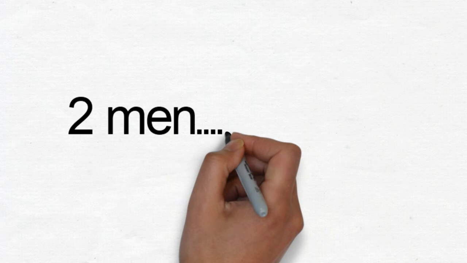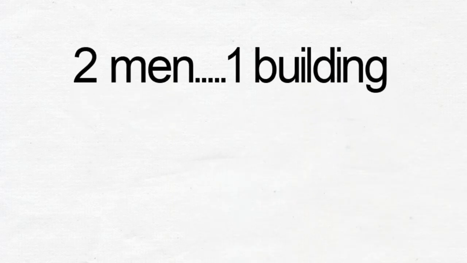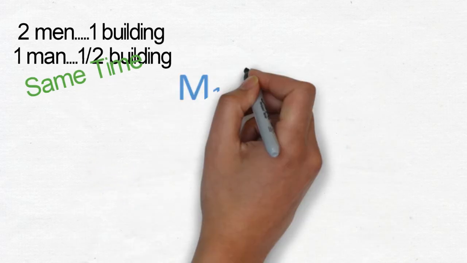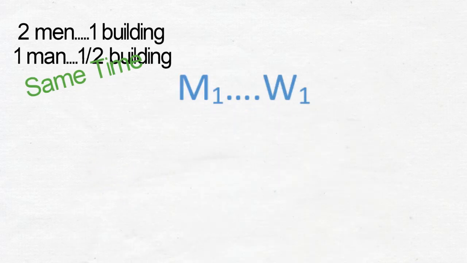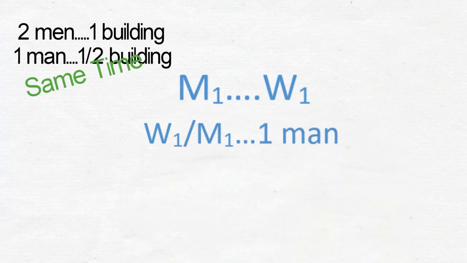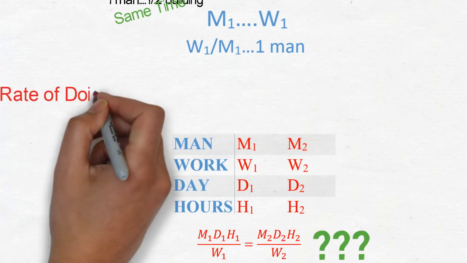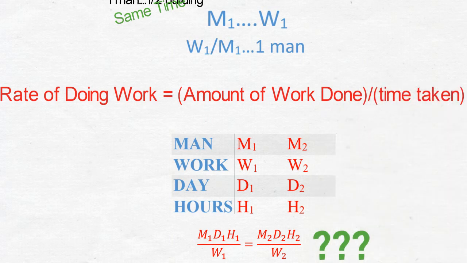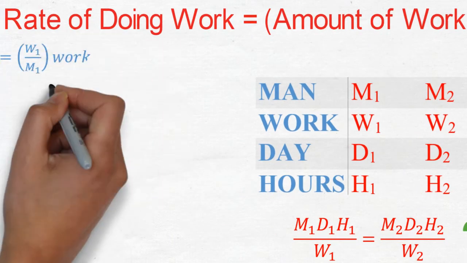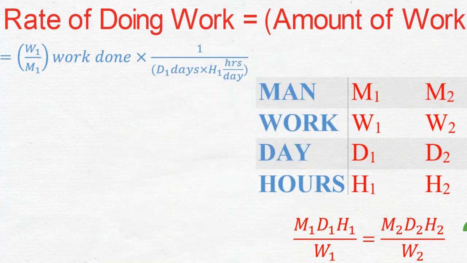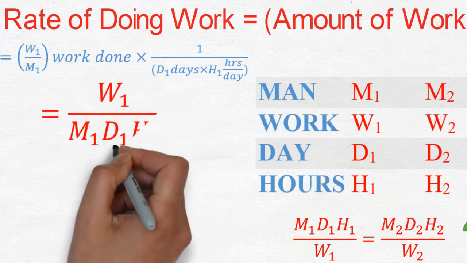Suppose 2 men can paint a building in some given time, then 1 man can paint half of the building in that same time. If M1 men are doing W1 work in some days, then W1 by M1 work is done by 1 man in that same time. Now the rate of doing work by 1 man is amount of work done divided by time taken, which equals W1 by M1 work done multiplied by 1 divided by D1 days multiplied by H1 hours per day, which equals W1 divided by M1 D1 H1.